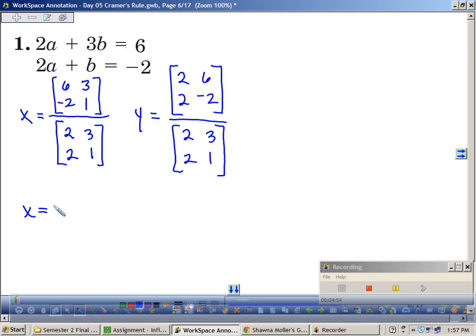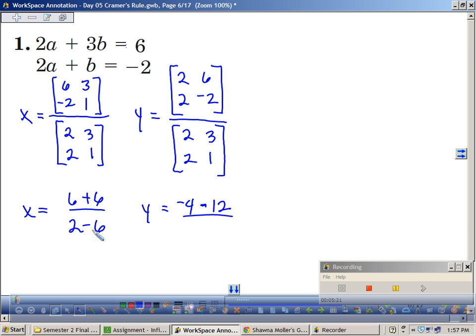So I'm going to simplify that. This would be 6 minus negative 6, which becomes 6 plus 6, over 2 times 1 is 2, minus 2 times 3 is 6, so 2 minus 6, which is negative 4. The y numerator is 2 times negative 2 is negative 4, minus 12.